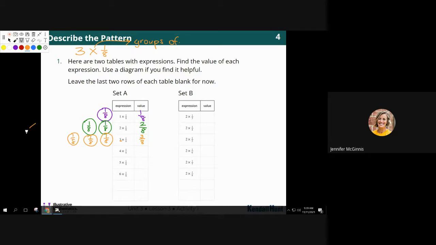How many eighths do we have? 3 eighths. 4 groups of 1/8. Jake. 4 eighths. 1/8 in each group. Then I have 1, 2, 3, 4 eighths. 5 groups of 1/8. Julian?